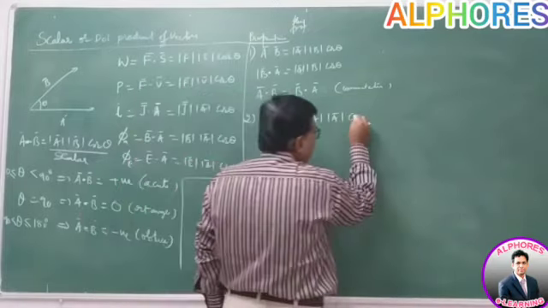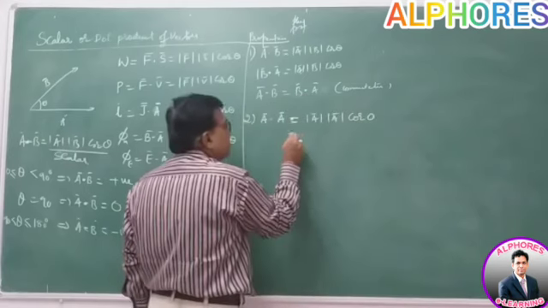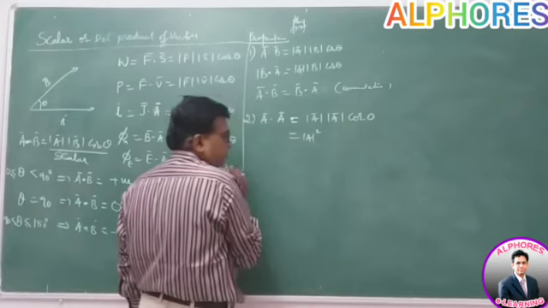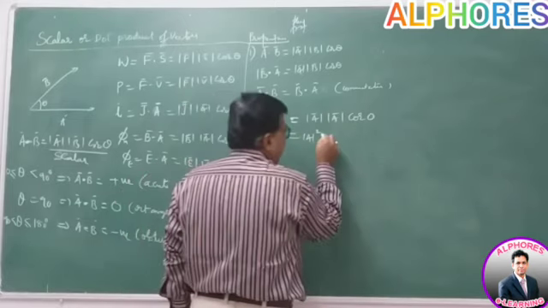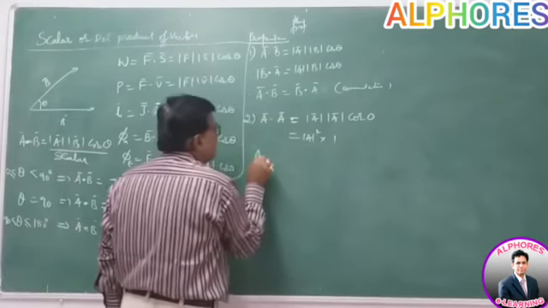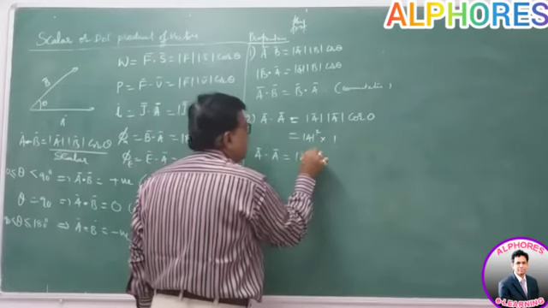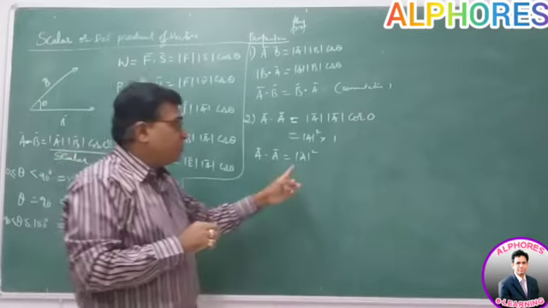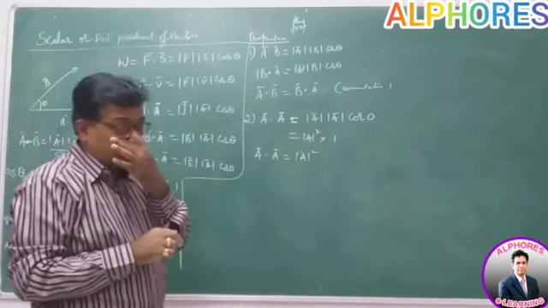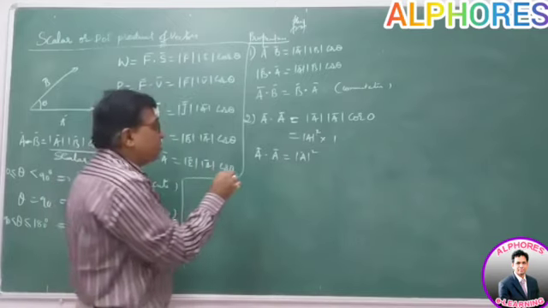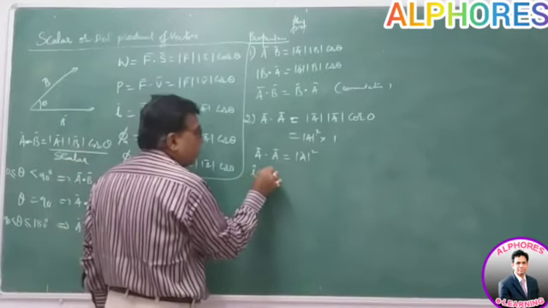The cos of the angle between them is cos 0, which is 1. So mod A into mod A is mod A square. So A dot A is equal to mod A square, the magnitude of the vector squared. Example, suppose I take i cap dot i cap.